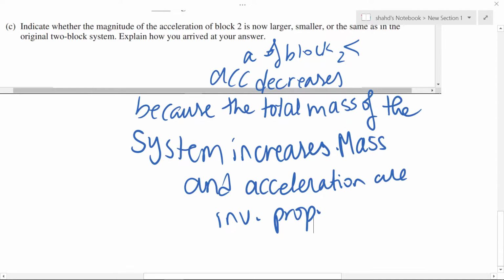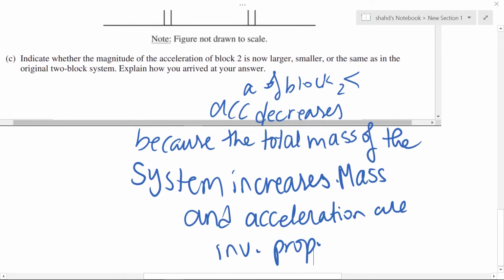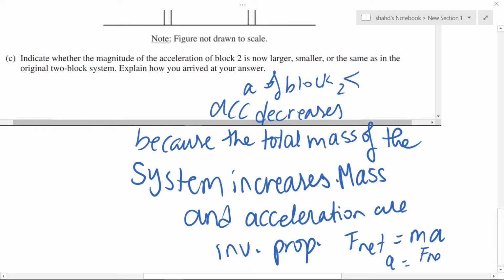So it's enough to say that the acceleration of block 2 is less now because the total mass of the system increased and mass and acceleration are inversely proportional according to Newton's law, F net equals ma, and you can support it by equations by saying that acceleration is equal to force, or F net, divided by mass. If this increases, this decreases.